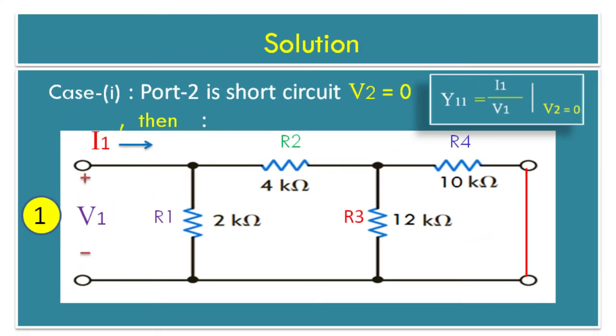Solution: case 1. We are obtaining short circuit admittance parameter Y11 is equal to I1 upon V1 with voltage V2 is equal to 0 at port 2, means obtain current I1 in terms of voltage V1 and total resistance.